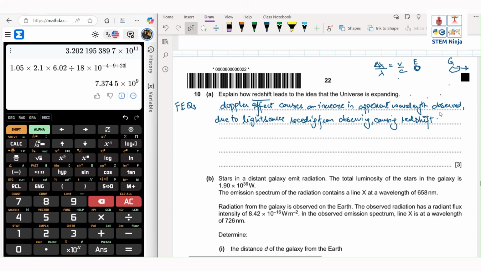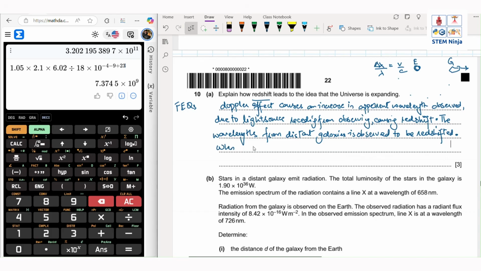Okay, now the wavelengths from distant galaxies and stars are observed to be redshifted.